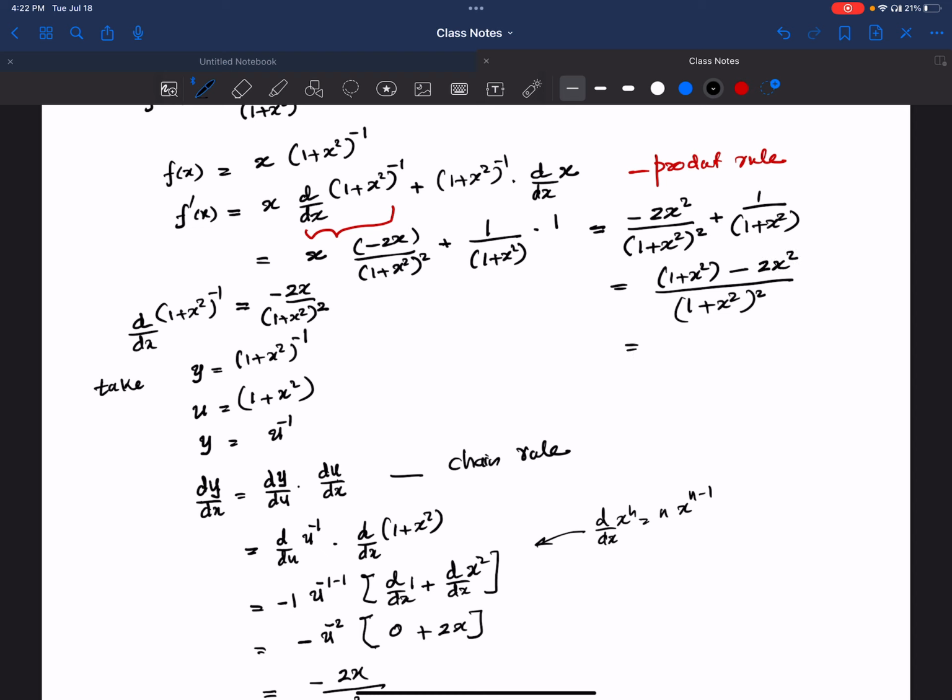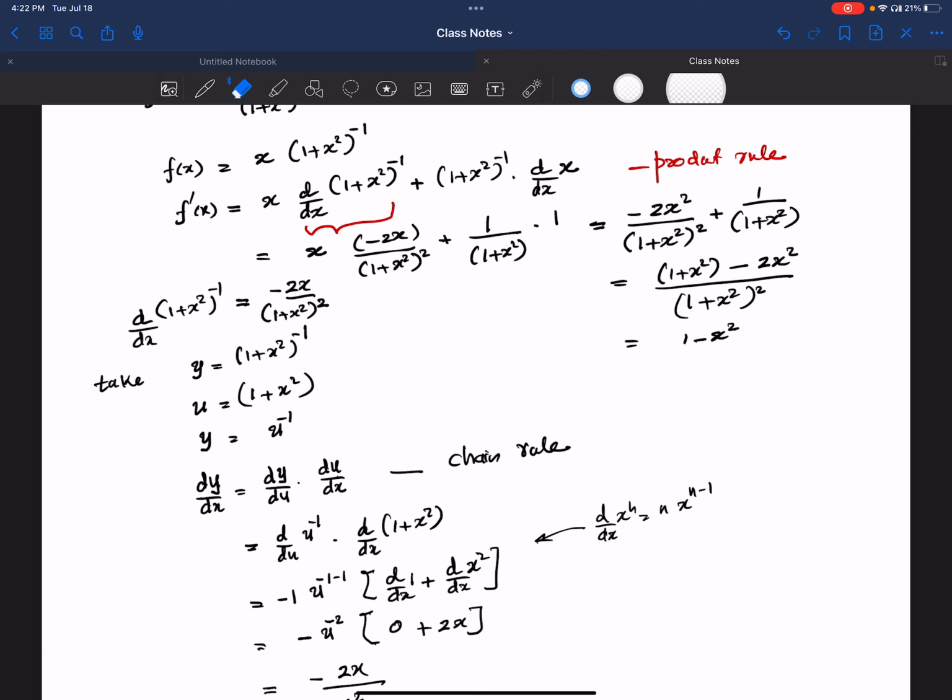So we have 1 minus x squared divided by 1 plus x squared, squared.